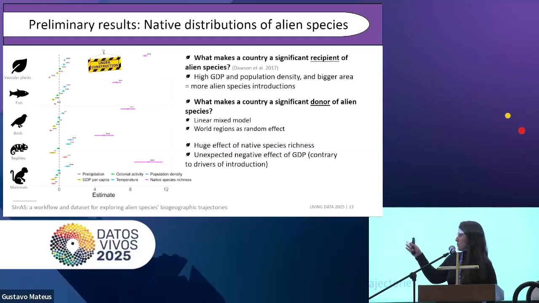We were also a little bit surprised about the negative effect of GDP per capita on the amount of donated alien species, but we believe it's just because of the big effect that native species richness has. Biodiversity-rich countries are usually the ones that are less wealthy or have less GDP. So we think that's why we see this contradictory result in comparison with the distributions of alien species.